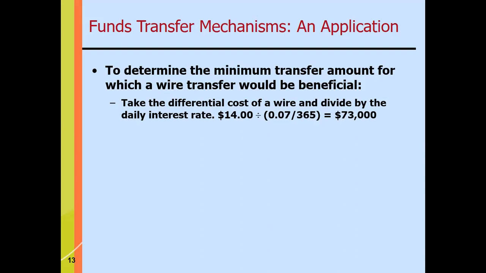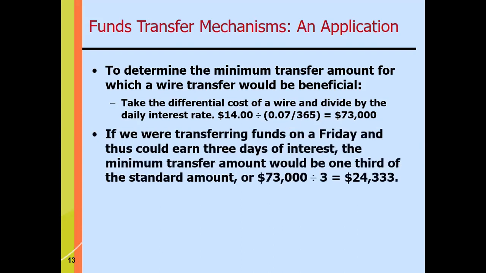And then we divide that by the quotient of 0.07 divided by 365, which is the daily interest rate. So we get approximately $73,000, which is annualized.